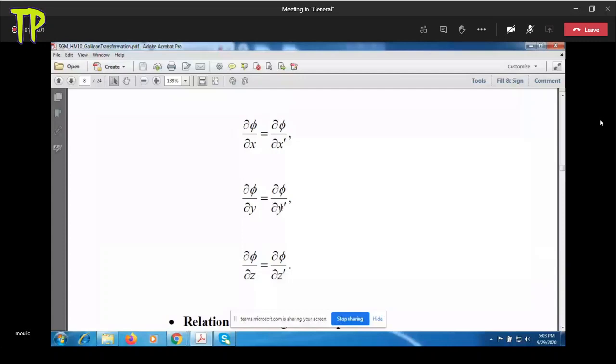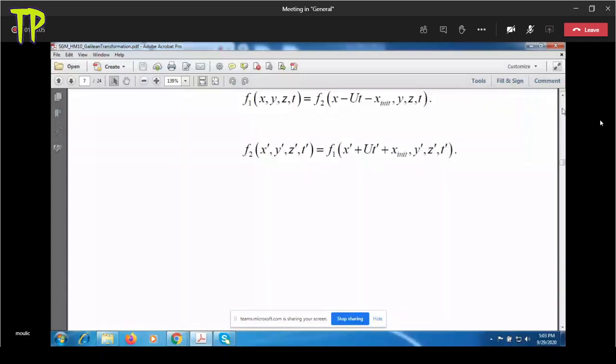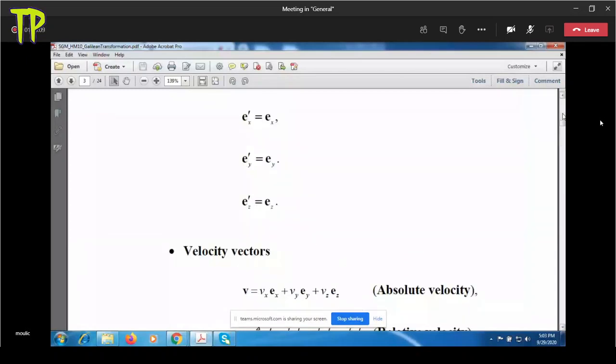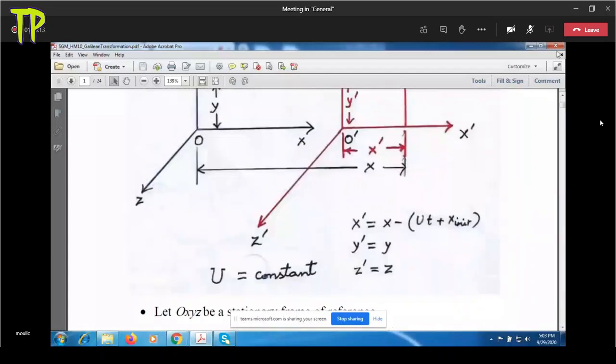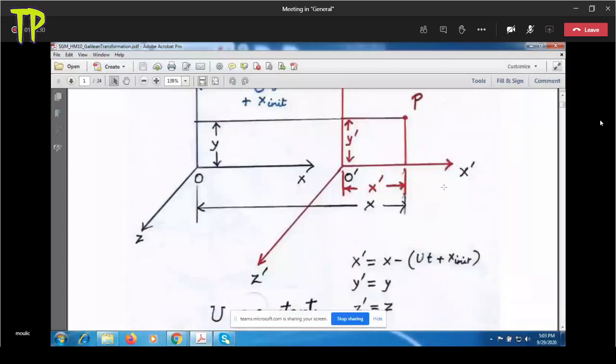And if I go back to this figure, temporal derivatives are different. The unit vectors are parallel. Unit vector ex prime is in the direction of O prime x prime, and unit vector ex is in the direction of Ox. They are parallel vectors, so their derivatives are also zero.